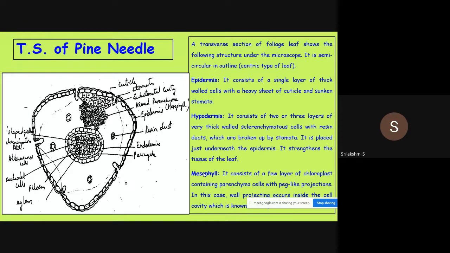When it takes, the slides appear so nicely. Now coming to the internal structure, when you take a transverse section of the pine needle, it will as usual reveal epidermis, and instead of calling it cortex, usually here we call it the mesophyll region, and then followed by the stellar region or the vascular bundle region.